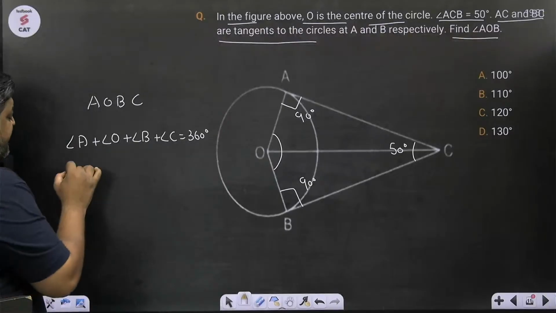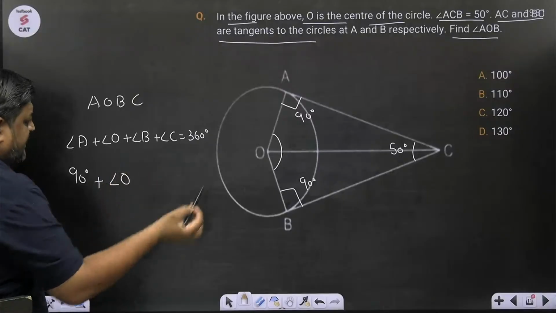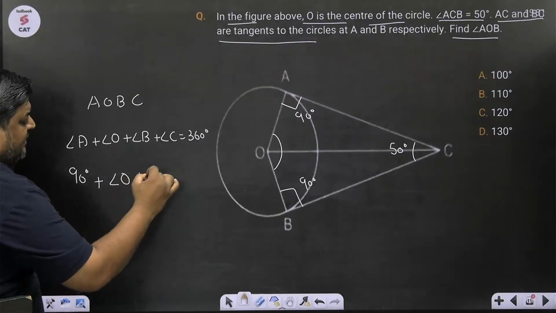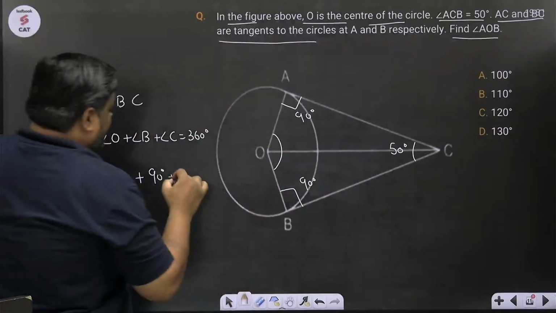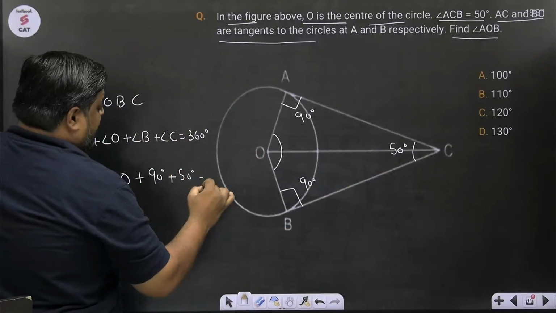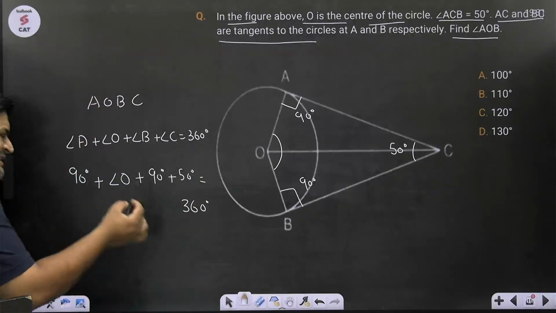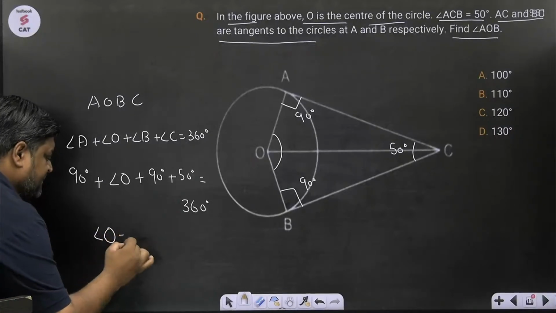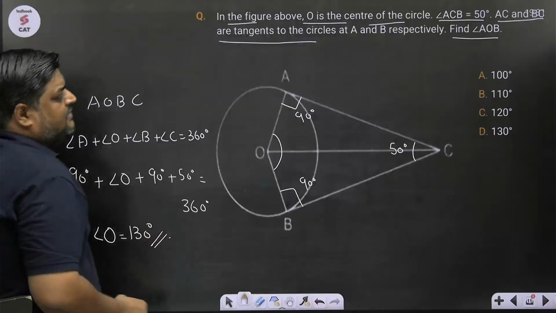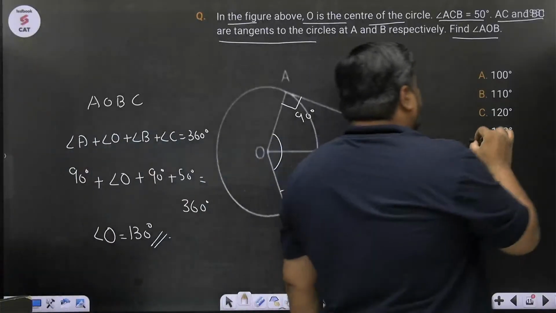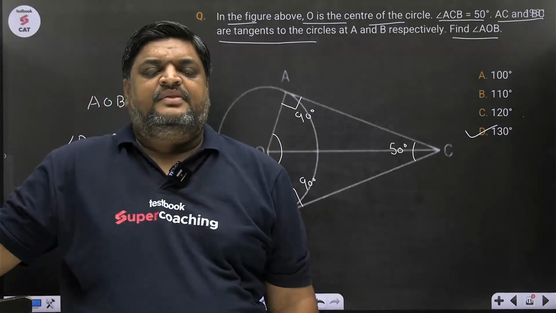Angle A is 90 degrees, angle B is 90 degrees, and angle C here is ACB, which is 50 degrees. Angle O has to be calculated. Together they are 360 degrees, so angle O would be 130 degrees. Option D is the right answer. Very good.